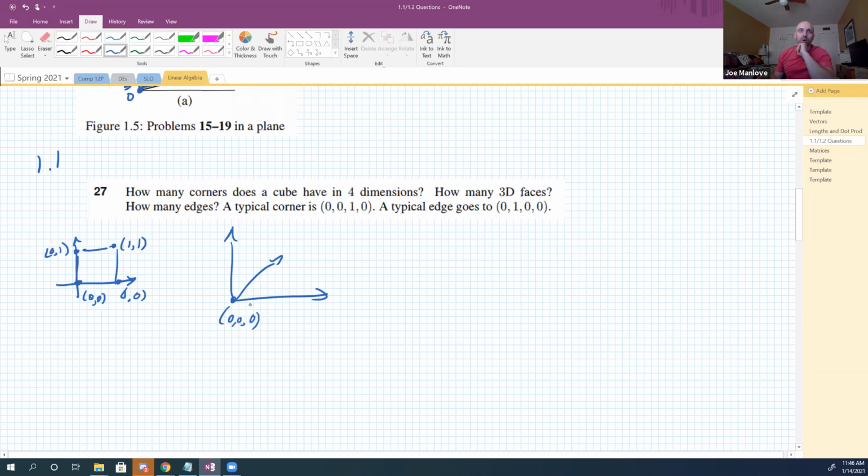What are the other corners? 1, 1, 0 is out here. 0, 1, 1 is up here.